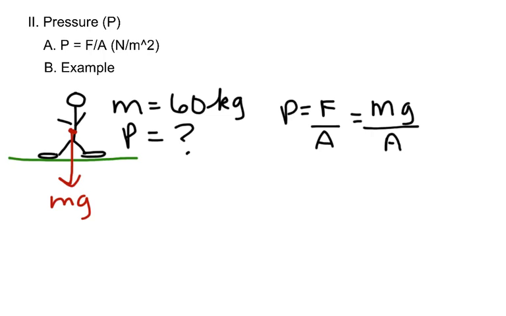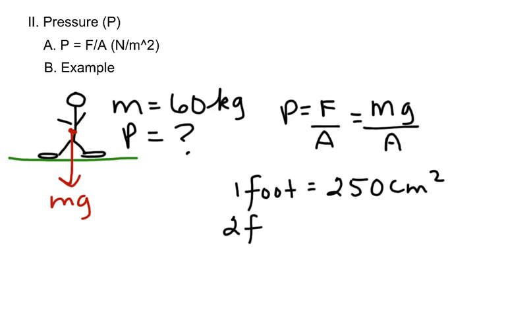So if for 1 foot there is an area of, let's say, 250 square centimeters, since this person has 2 feet, there will be an area of 500 square centimeters.